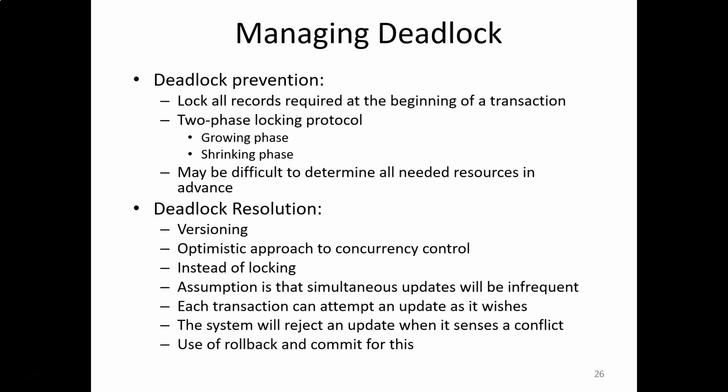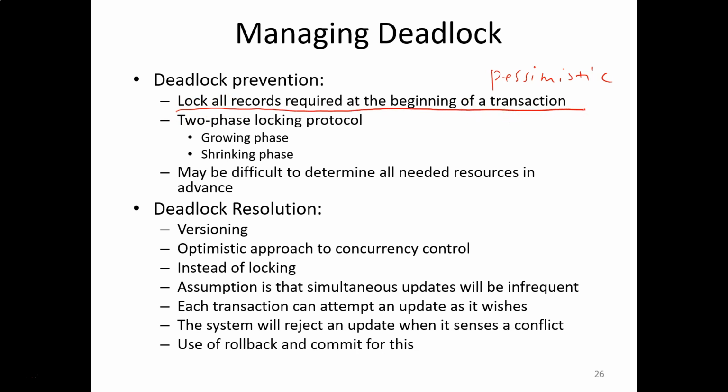So how do you resolve the deadlock situation? There are a couple of ways to resolve the deadlock. One is what's called a pessimistic approach. The pessimistic approach means we are going to put an exclusive lock on all the records required at the beginning of the transaction.